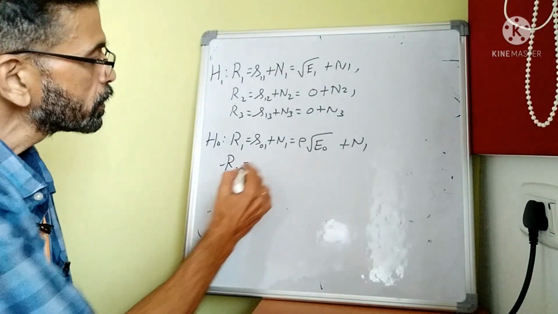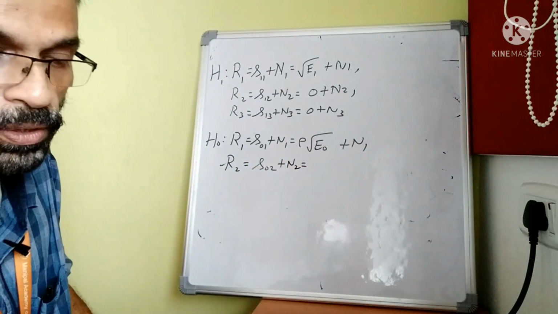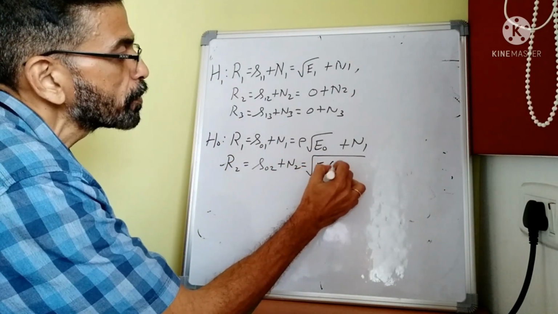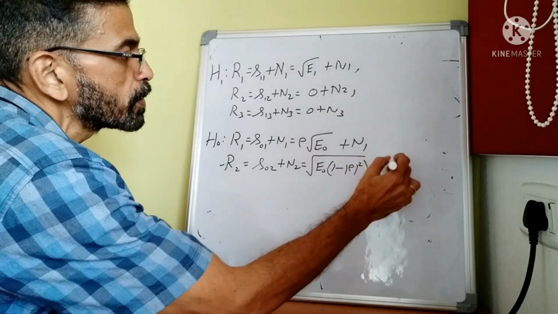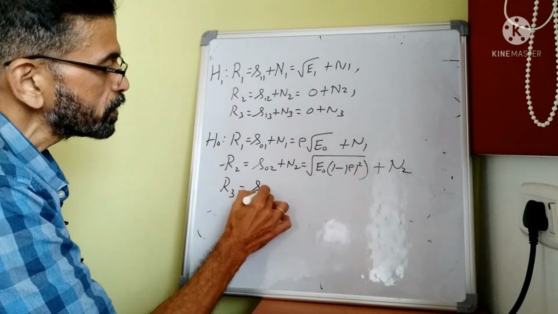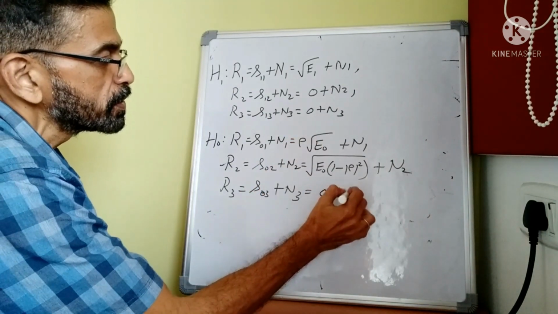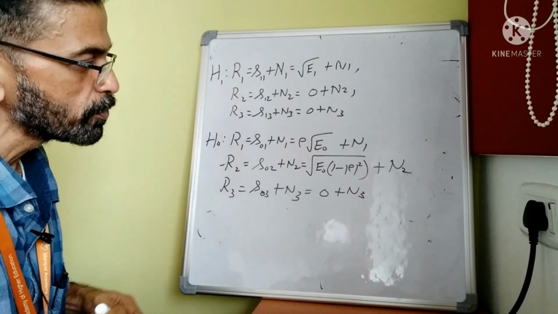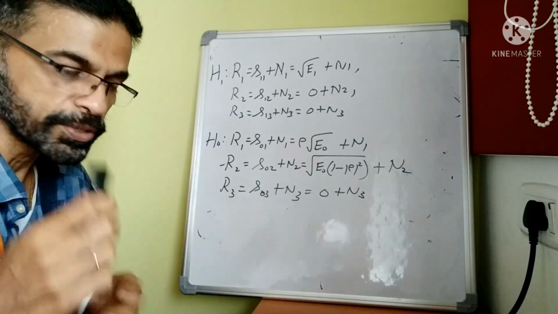R2 will be S02 plus N2, which will be square root of E0 times 1 minus magnitude rho square, plus N2. R3 will be S03 plus N3, which will be 0 plus N3. R4 will be S04 plus N4, which will be 0 plus N4. R5 will be 0 plus N5, and so on and so forth.